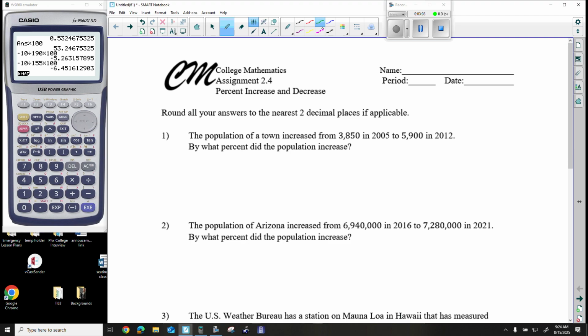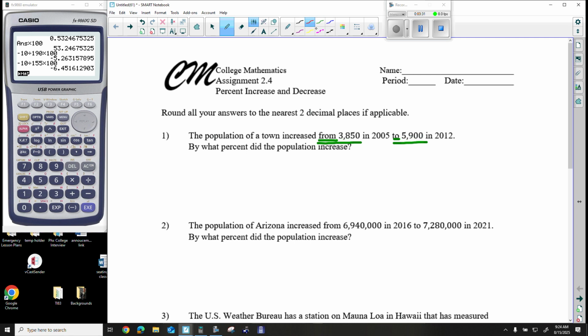The population of a town increased from, they straight up use the word from, 3,850 to 5,090. Oh, to 5,090. Let me fix myself here a little bit. To 5,090.